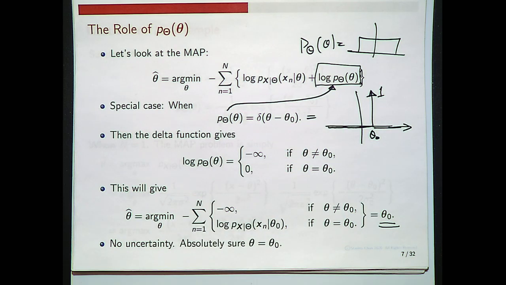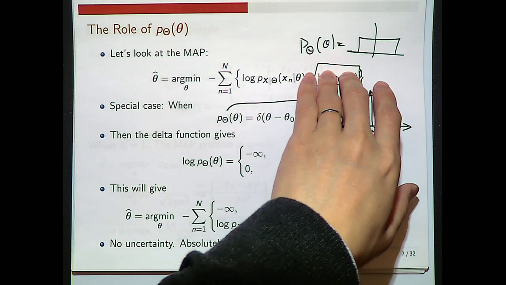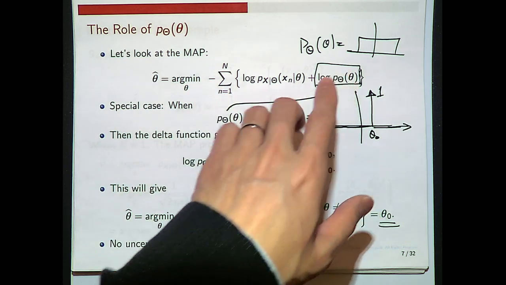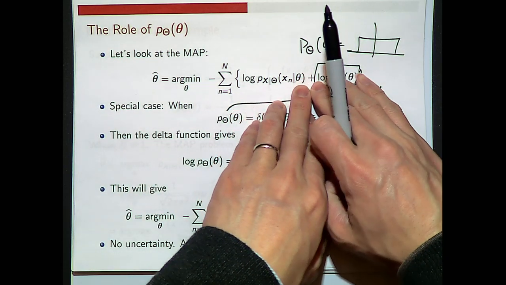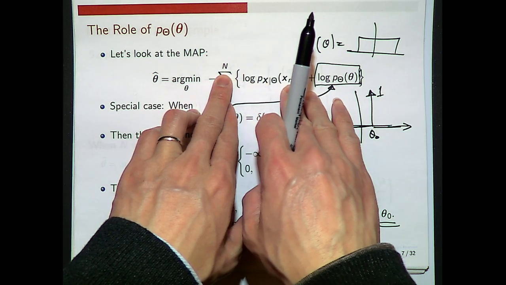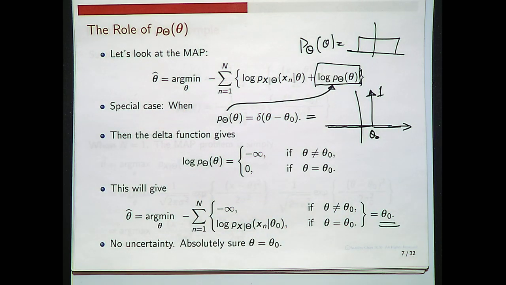It doesn't change with theta as long as your theta is within the support set that you are considering. So this term doesn't really have an effect, the effect is gone. Then you will just have this minimization over the likelihood function that goes back to the maximum likelihood estimation.